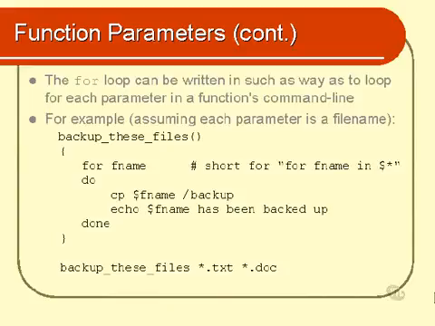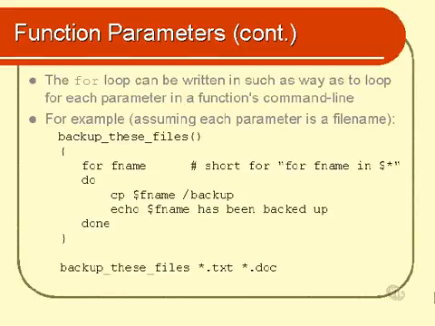Then the function backup these files would actually receive 11 parameters, because the shell would process that command line first. The backup these files star.txt star.doc command line would be processed by the shell first, who would do all the wildcard expansion, and so you would end up with 11 parameters to backup these files.